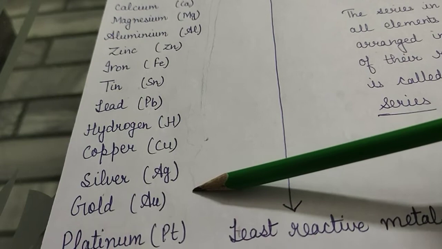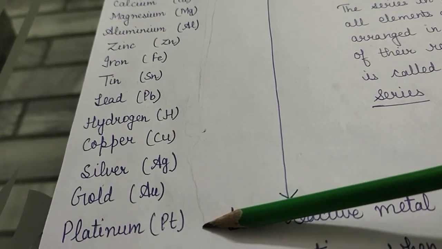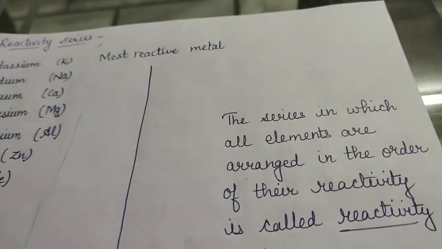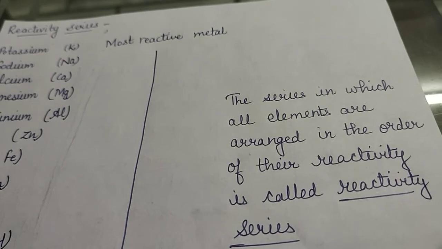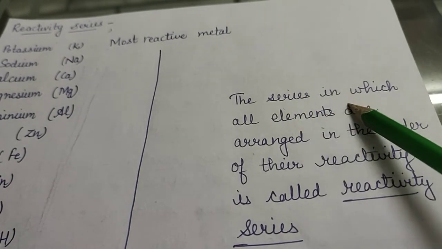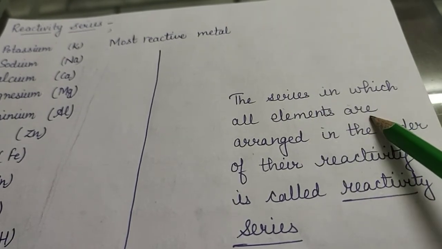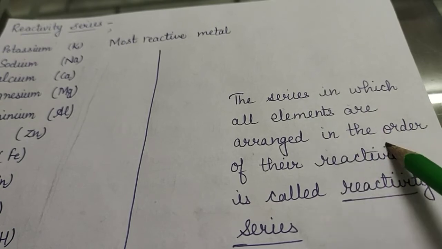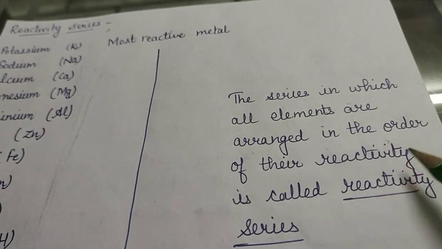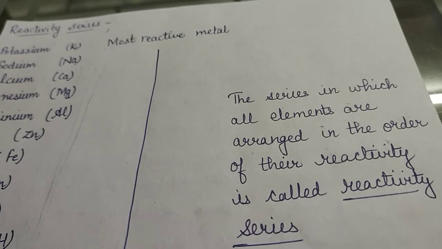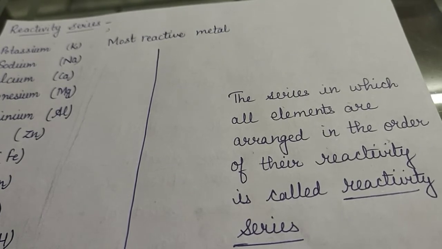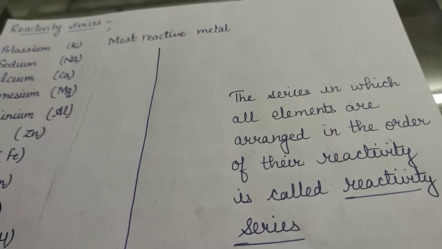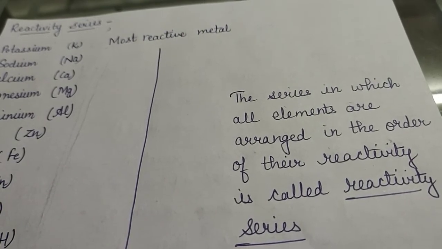Least reactive element, that is platinum. So reactivity series is what? The series in which all elements are arranged in the order of their reactivity. That means in an order of their powerfulness. That means how powerful, or we can say how much reactive they are.